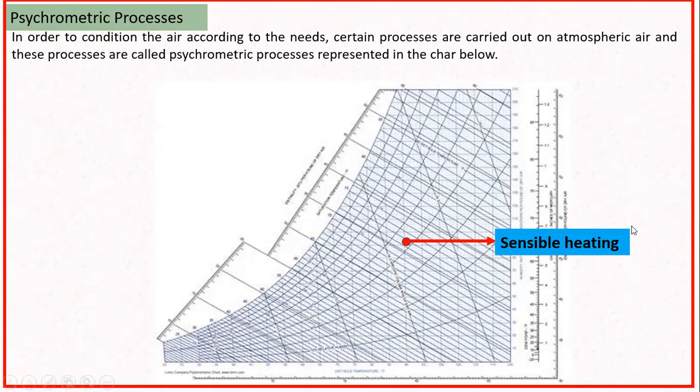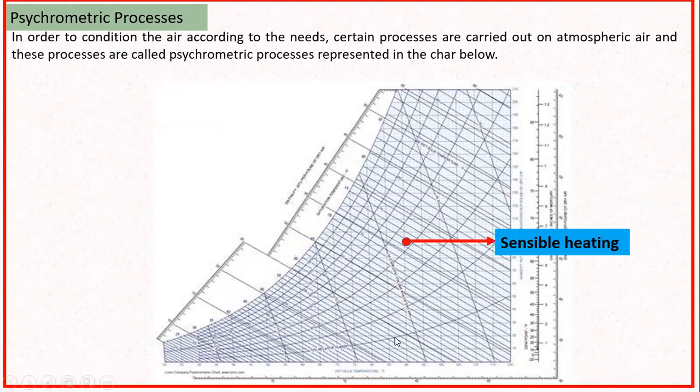Sensible heating means this is carried out in the regions where the temperature is very low. This is simply raising the temperature of the atmosphere or the closed enclosure where we need the comfort.